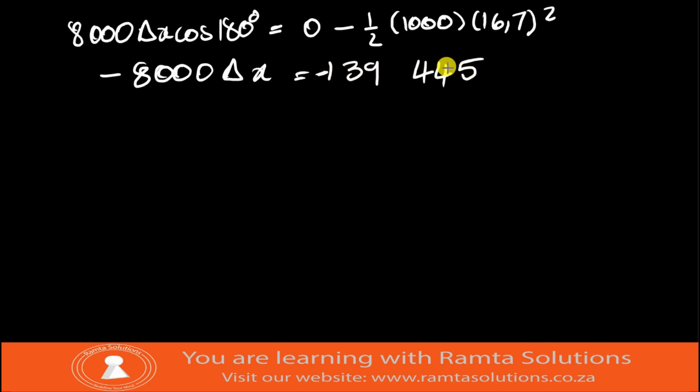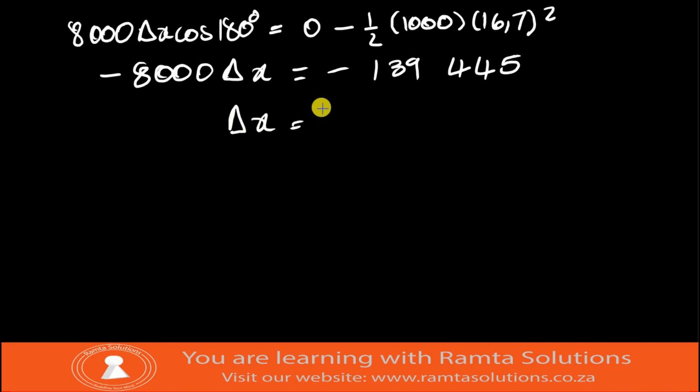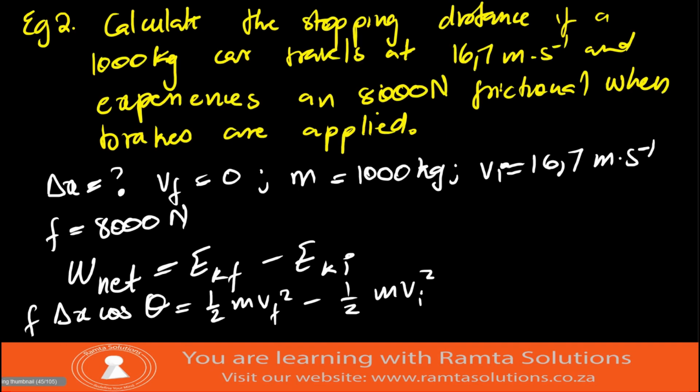Oh, by the way, minus 139,445. When I divide this by 8,000, what do I get? I get 17.43. So this is 17.43 meters, right? So this is the stopping distance.